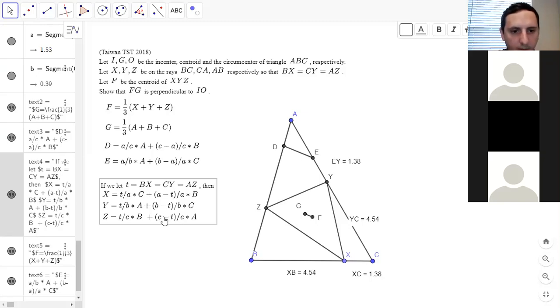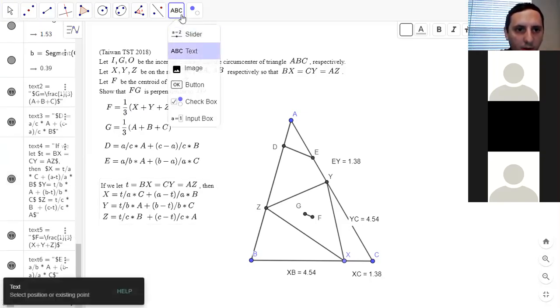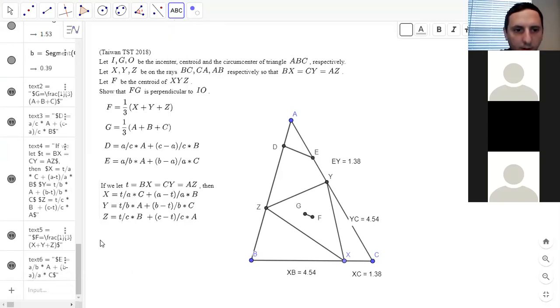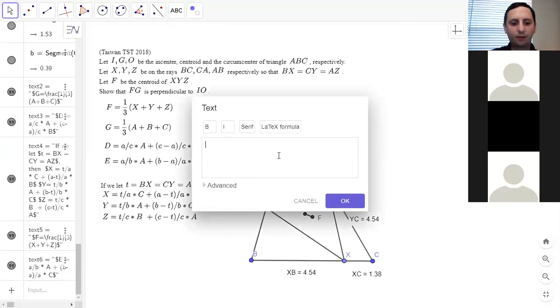So I guess one good thing is there's like a C minus T over C. That's the same as like 1 minus T over C times A. So you have like an extra A, B, and C here. And when you take the difference between F and G, it's kind of like the vector, yeah, so the vector GF.